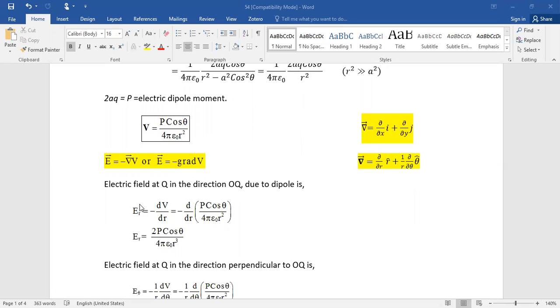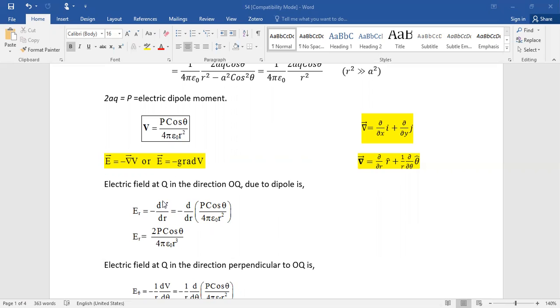Therefore, the radial component ER is equal to minus delta by delta r or d by dr of V. This is the first component of the gradient of the potential.